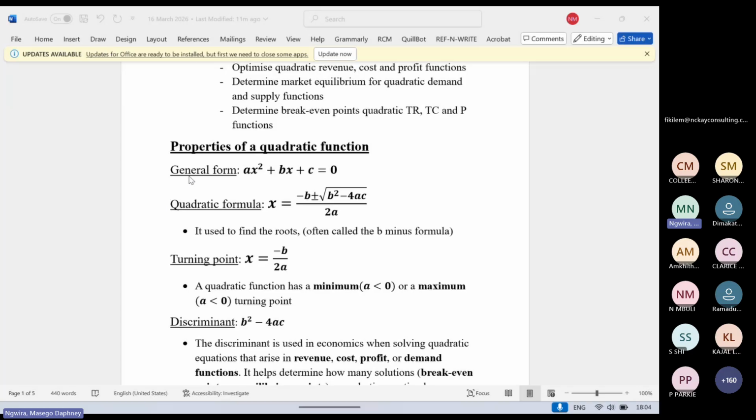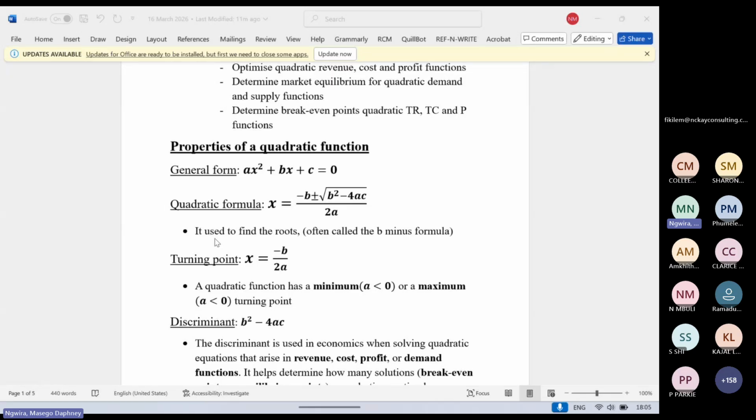The general form for a quadratic function is ax squared plus bx plus c. A, b, c are your constants. And then we have the quadratic formula, sometimes called the b minus formula. It is x equals negative b plus or minus the square root of b squared minus 4ac, over 2a.